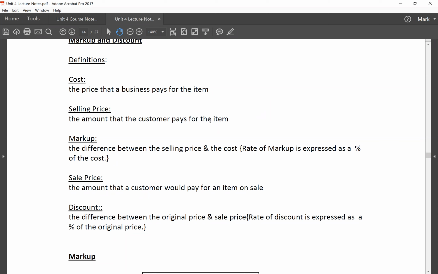But in this chapter or this section, you need to put yourself in the role of a business. So the cost to a business is what they pay for the item. And this is kind of like business 101. How do you make money? Well, you buy something at cost and then you sell it for more, right?